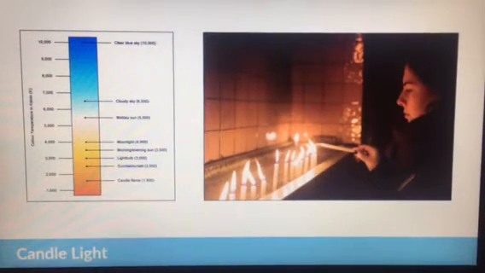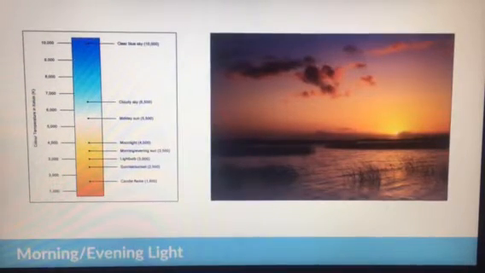And this is something we see quite often, particularly with these kind of warmer looking photographs, like for example our morning and evening light. Morning sun or evening sun will produce a slightly higher temperature. You're going to be looking at around 2,500 kelvins, and it will produce strong oranges in your image.